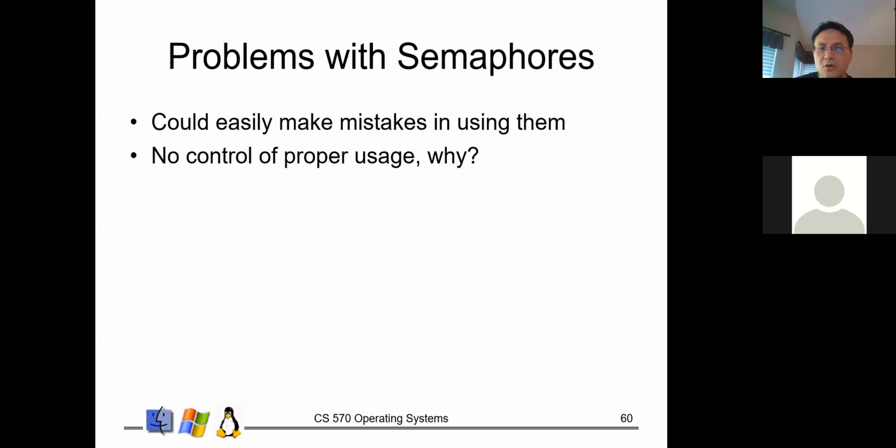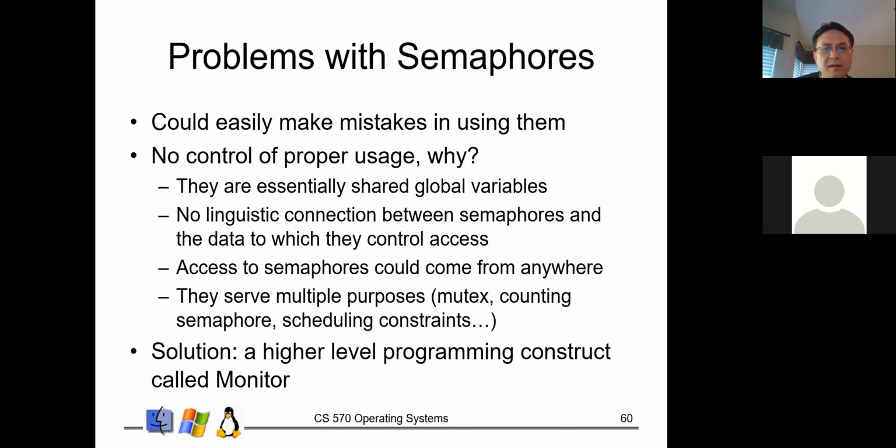The problem there is that there is no linguistic connection between semaphores and the data to which they control access. So you as a programmer have to specifically design and implement your logic to track that integer for the semaphore properly.